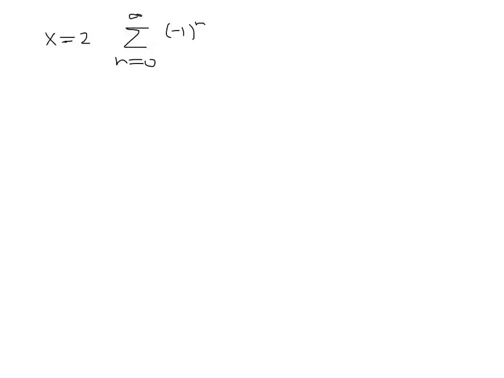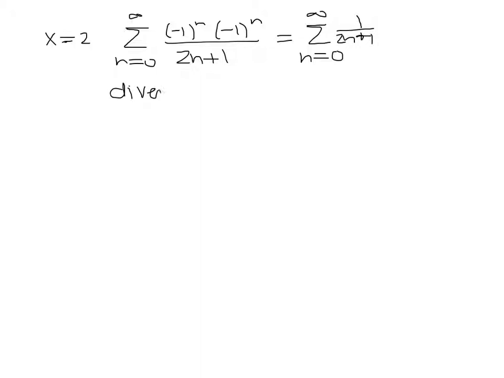Now 2 minus 3 is negative 1, so (-1)^n times (-1)^n over 2n plus 1 is the same thing as 1 over 2n plus 1. And this series diverges. You could show that using the limit comparison test.